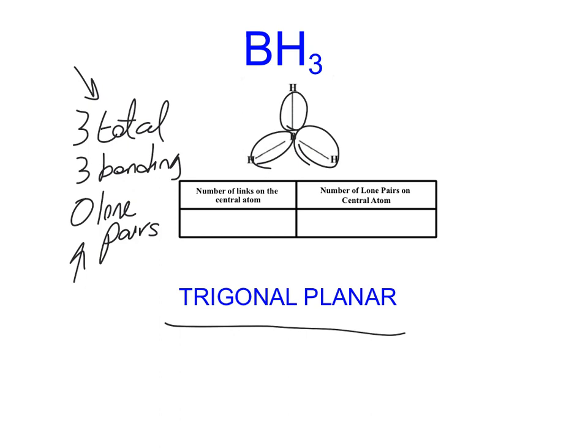If we want to use that other shorter table, we say that, oh, look, there's 3 links, 3 areas of bonding. None of the areas have lone pairs in them, so no lone pairs. That still spits out a trigonal planar result. Again, it doesn't matter which table you use, you're going to get the same answer.